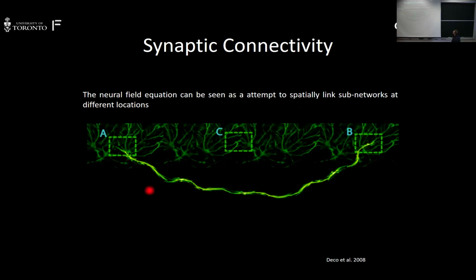This is summarized a little bit by this sketch here from Gustavo Deco. It's showing two things here. This is the parenchyma, this is the superficial white matter, and this is tracing of an axon with a fluorescent tracer.